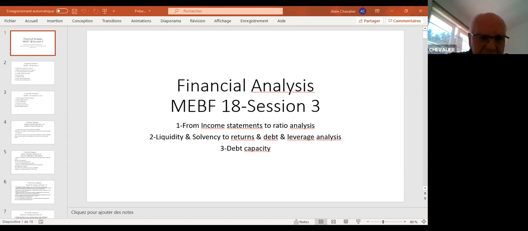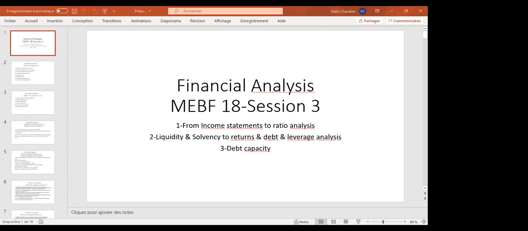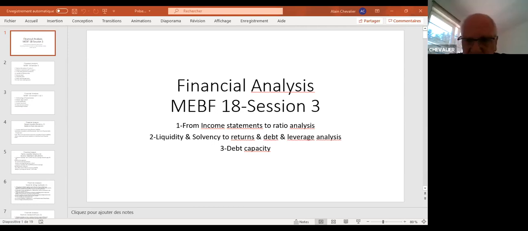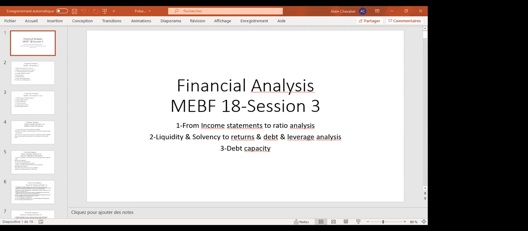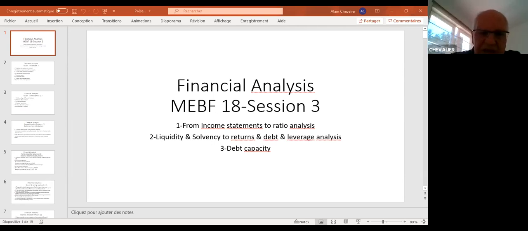Then we moved in session 2 to the income statement with the different presentations of income statement, in particular the US based and the European based, and an introduction to IFRS.